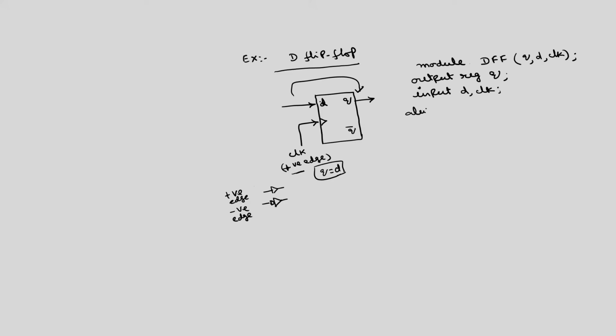Then always at, this is positive edge, the keyword is posedge, of which signal? Clock. So, we have to assign Q is equal to D. Here we are going to use the non-blocking statement. Then end module.